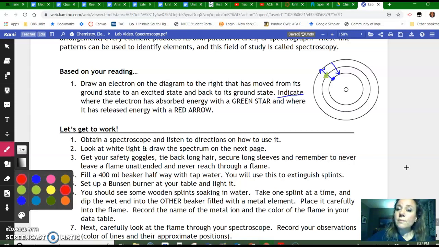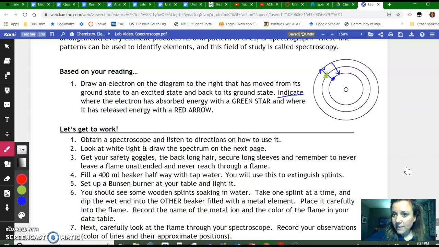And then when my electron falls back down, the only way for it to fall back down is to lose the energy that it just gained. So, shoom, there it goes. The energy is leaving, and my electron is falling back down to its ground state.